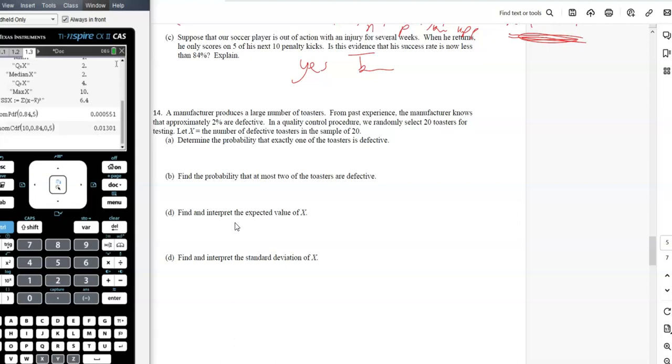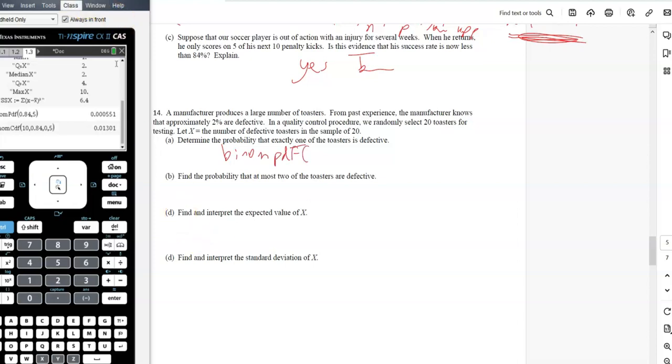So this seems binomial in nature: there's a set number of trials, it's success or fail, it's either defective or not. They're independent, so it's binomial. So we want exactly one. So I'm going to go binomial PDF, because this is not a range.